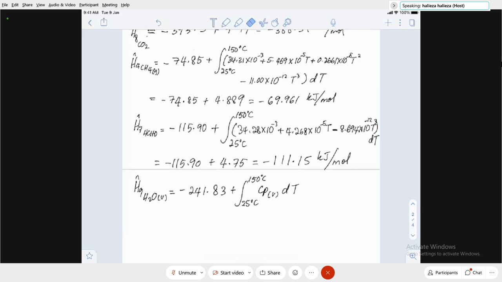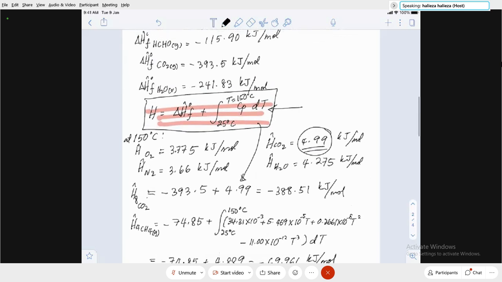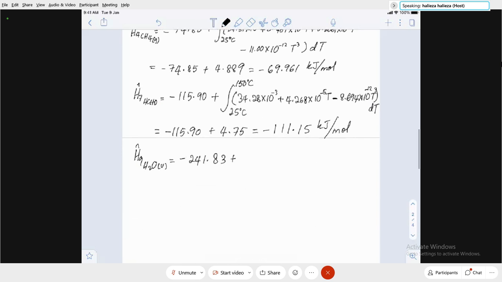So I'm going to erase this. We have that value just now, which is the value you gave me for water: 4.275, going from 25 degrees C to 150. So 4.275 over here. Finally, you get your answer.